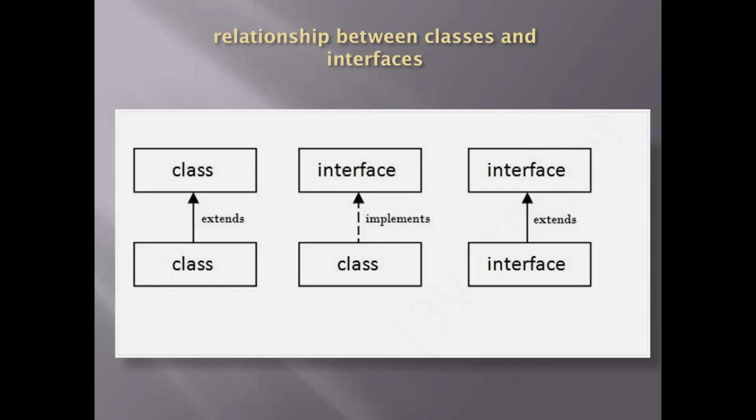You cannot inherit an interface in a class, but you can implement an interface in a class. So when I say class A implements interface B, this means that class A will override all methods in interface B. You understand?